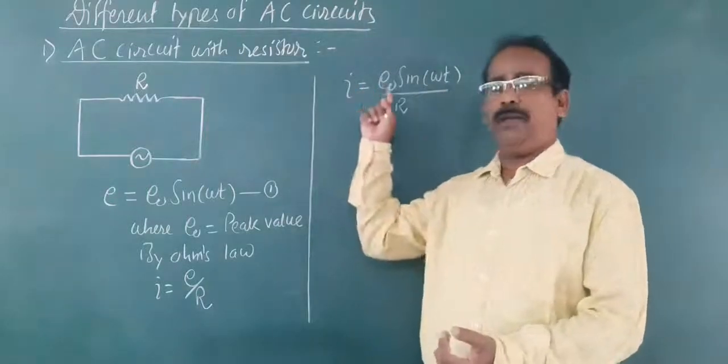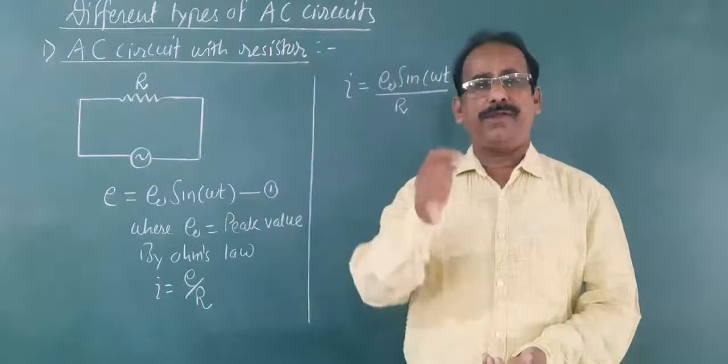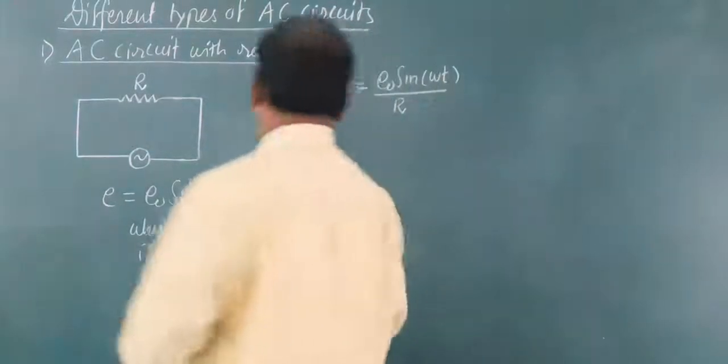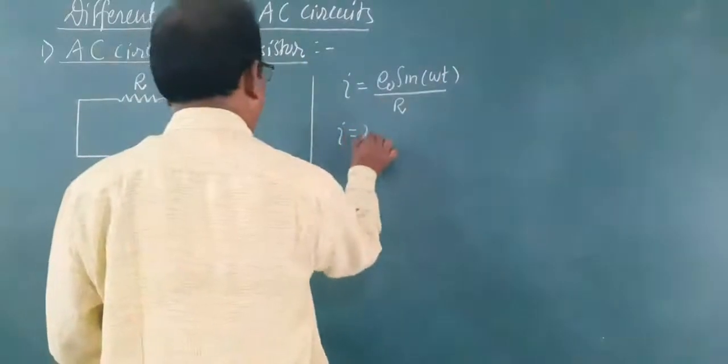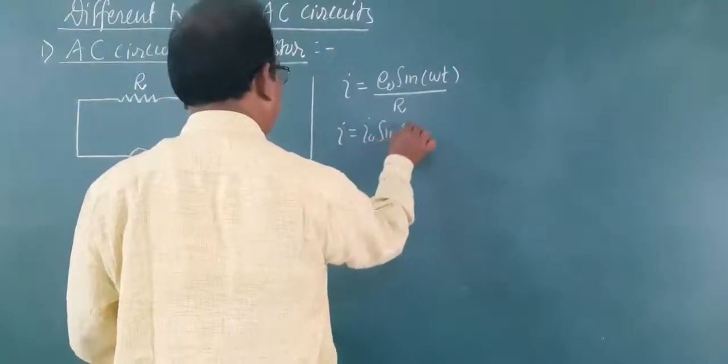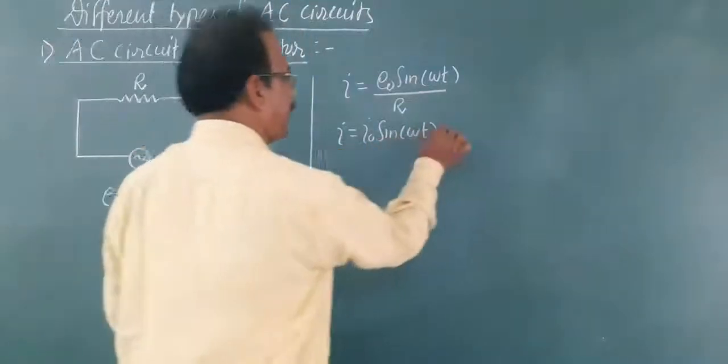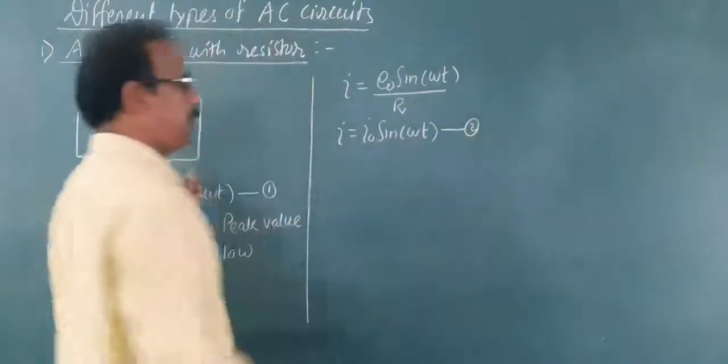E0 upon R gives one constant, denoted by I0. The equation for current becomes I equal to I0 sine of omega t. This is the equation for current that we get in this resistor circuit.